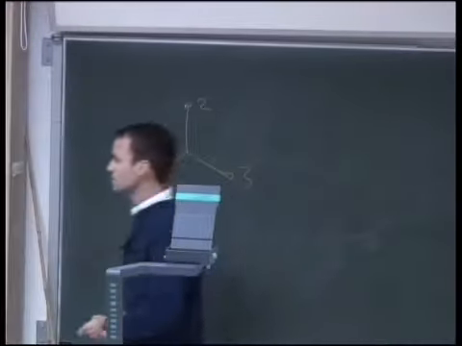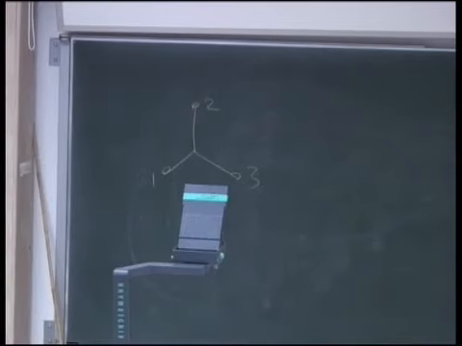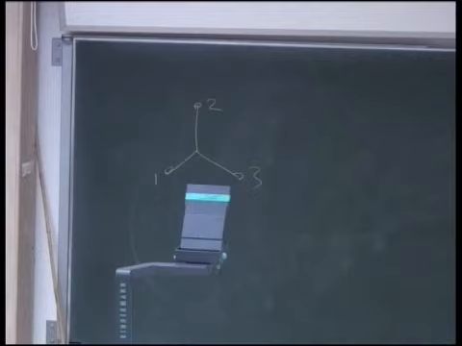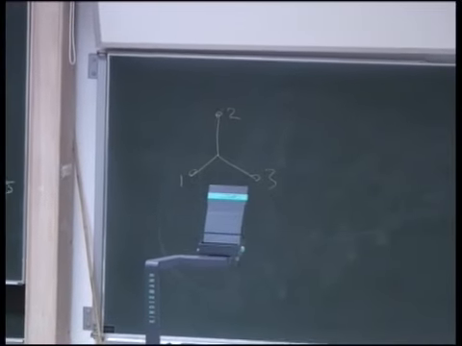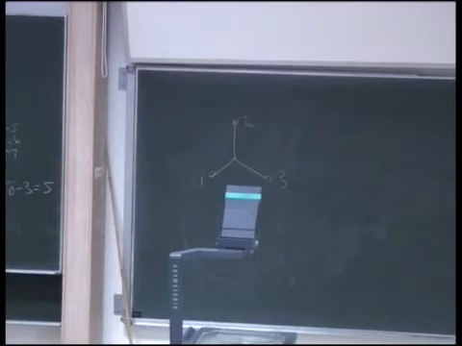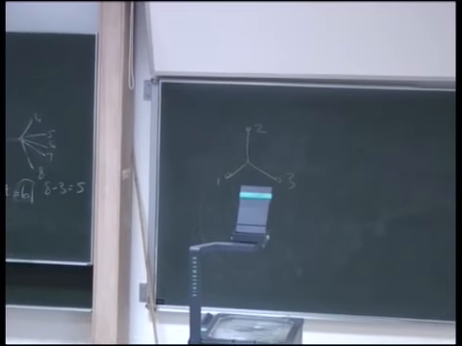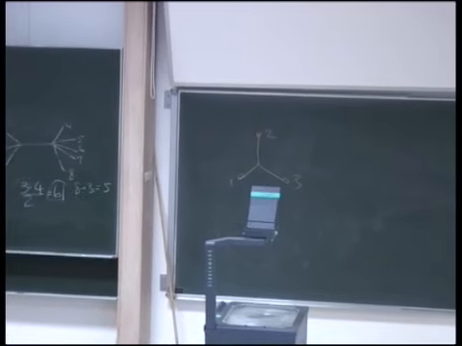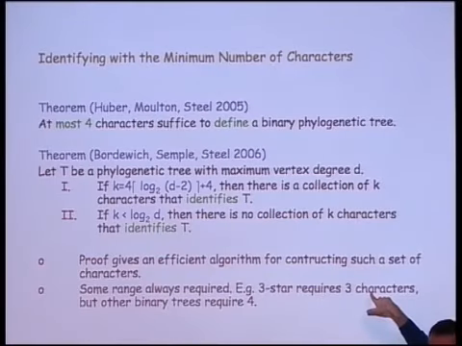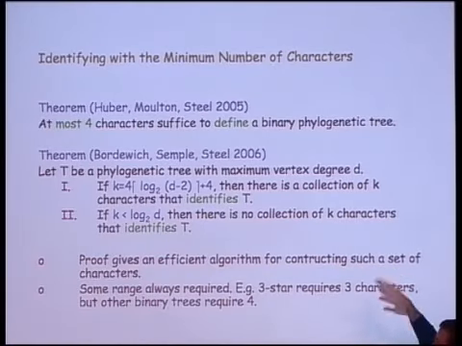If you're only concerned with phylogenetic trees and not X trees, where interior vertices can be labelled, then it's actually 0. But if you're interested over all X trees, then you require 3 characters for the 3 star tree.